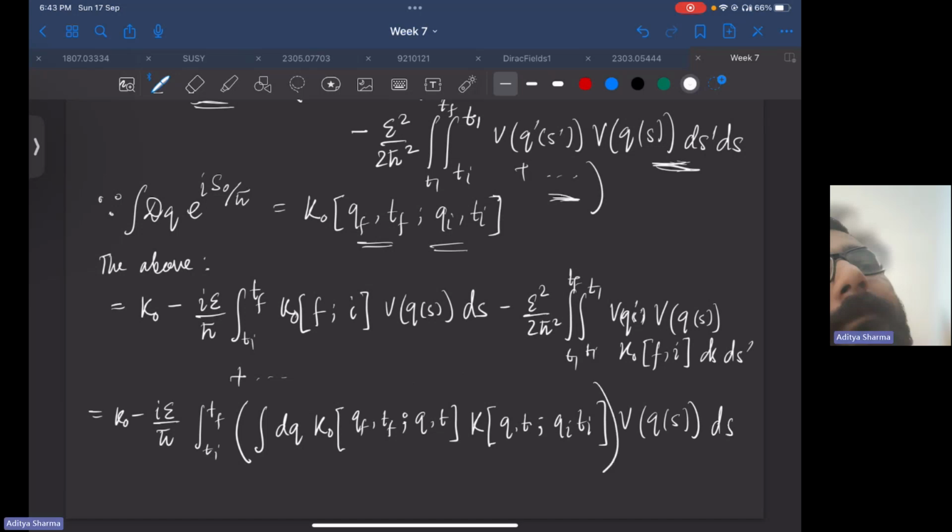Now this integral ends here. This is nothing but this thing only. Then this, and plus with the other term also I'm doing the same thing. Here I will take two integrals like dq prime, and K naught will be qf to q, qf to q prime, then q prime to q, then q to qi. That means I'll have three K naughts in the second term, plus the third term.